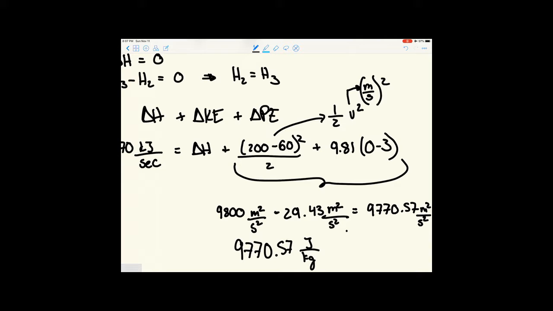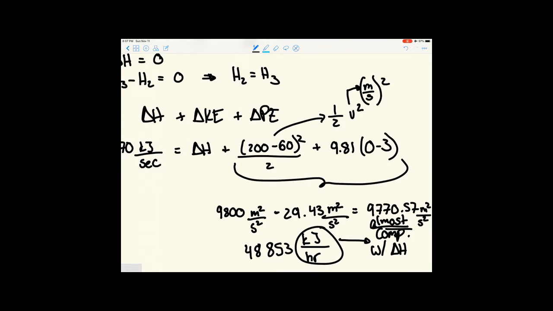So this 5,000 is in kilograms per hour, which results in a total of 48,853 kilojoules per hour. And these units are compatible with enthalpy units.